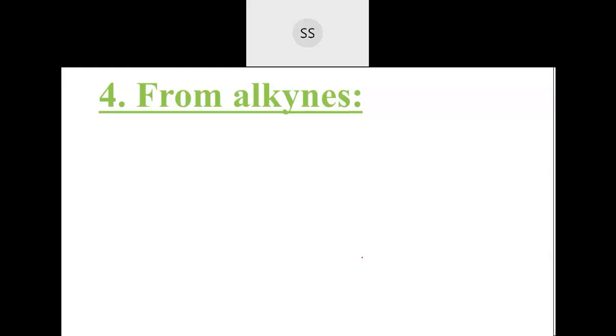So this is the problem that arises. The solution was found by a person called Lindlar. Let me talk a bit about the catalysts. These catalysts have a surface where the reaction takes place.